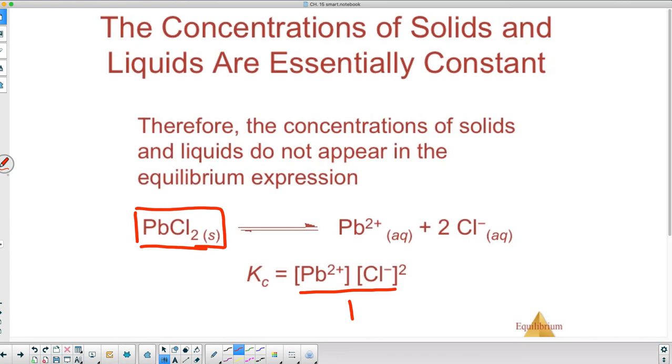And that will not change either. So if this doesn't change and it's always these two products divided by 1, why even put them in there? So we don't have to worry about putting in solids and liquids. But that means you have to remember to exclude them from the Kc, or equilibrium constant expression.